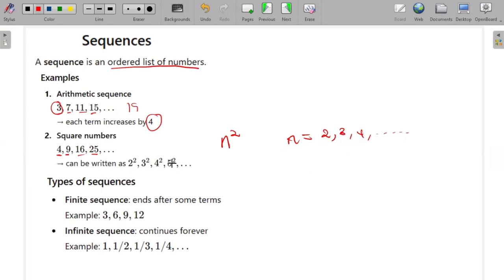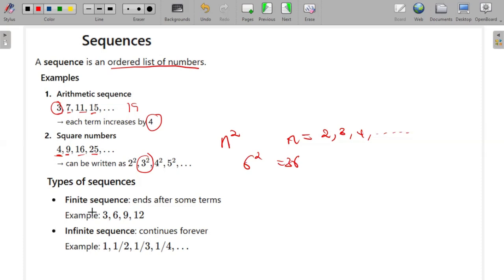So 2 squared gives you 4, then 3 to the power 2 gives you 9, then 16, and 5 squared gives you 25. If we replace n with 6 and square it, we get 36. So that's the next term that would follow in the sequence. These are just examples.